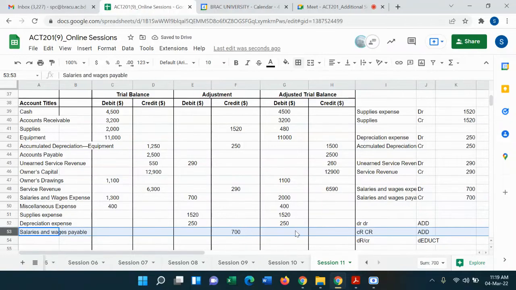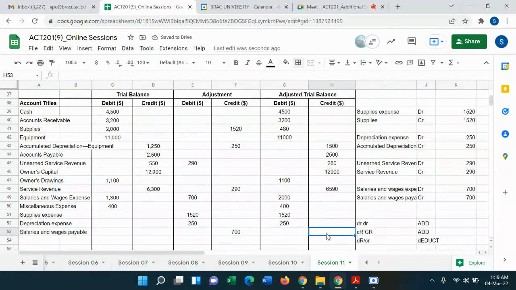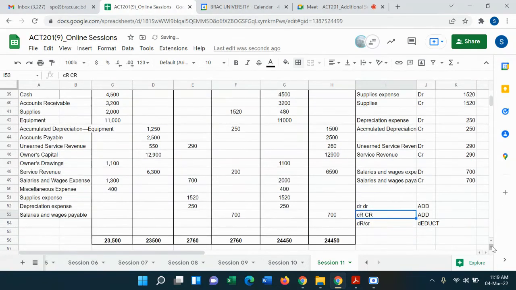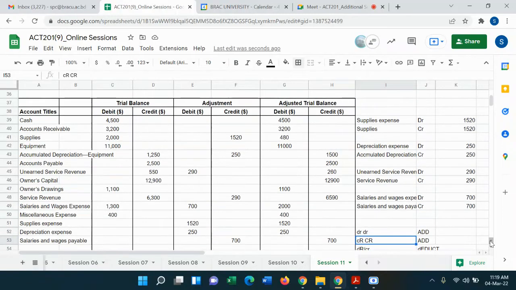Salaries and wages payable 700 was credited, so we'll credit this. Now you can see both sides are the same after preparing the adjusted trial balance. So this is how we can prepare the adjusted trial balance.